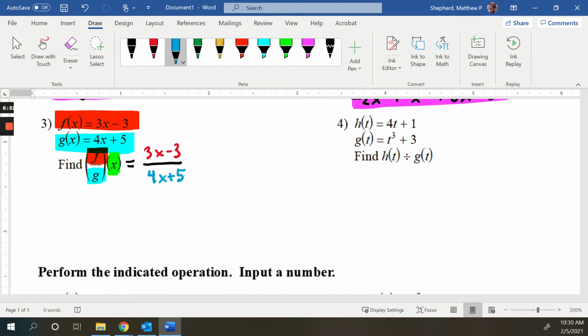All right, in this next one, there's our h, there's our g, and we're going to do h of t divided by g of t. Now, right off the bat, I'm going to make a slight switch here. At this point of mathematics, I'm not a huge fan of writing division like this.